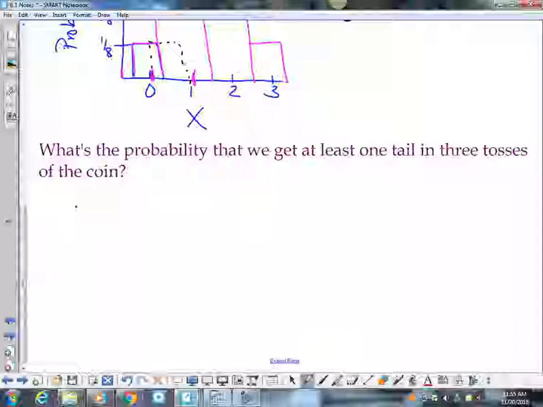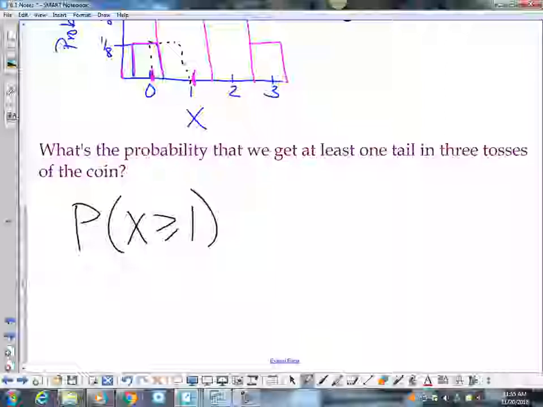Y'all are overthinking. Y'all want this. That's what I want. Probability, so P of, because that's how we represent probability.